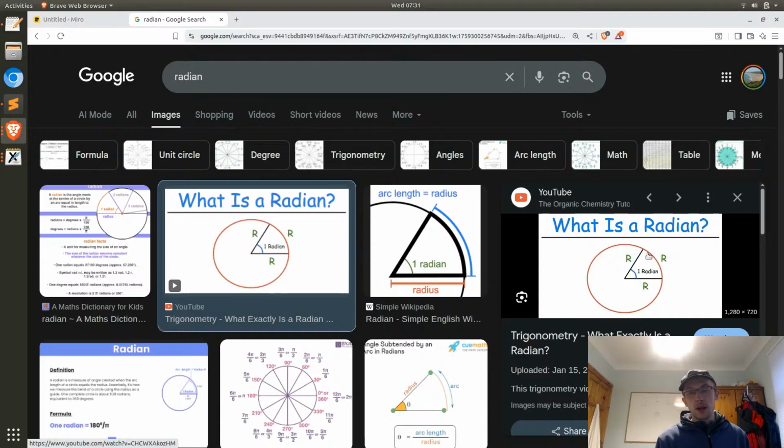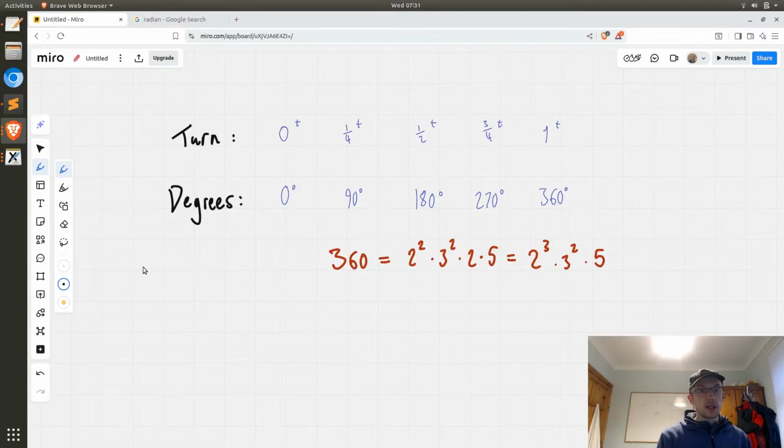And they create an arc, a small arc on the circle. And when that arc has a length of the radius, that must be a very special sector indeed.